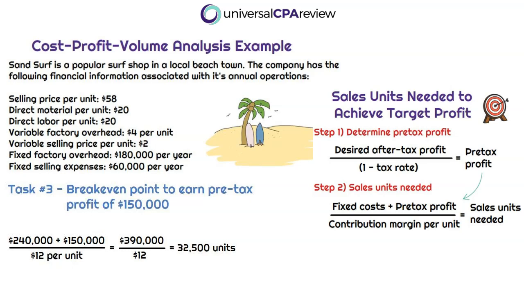So $390,000 divided by $12. That means to earn that pre-tax profit of $150,000, they're now going to have to sell 32,500 surfboards or units. So again, to earn that pre-tax profit of $150,000, that is 32,500 surfboards.